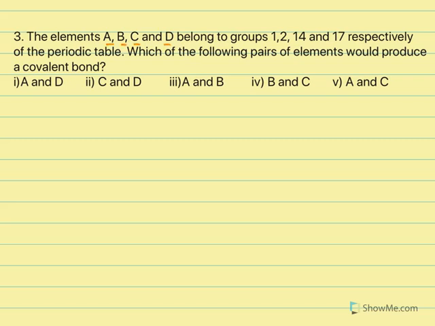The elements A, B, C, D belong to groups 1, 2, 14 and 17 respectively of the periodic table. Which of the following pairs of elements would produce covalence? So let us first mention now A, they give us group, right? So they said group is 1, so it is a metal. Now we take B, they said group is 2, also metal.